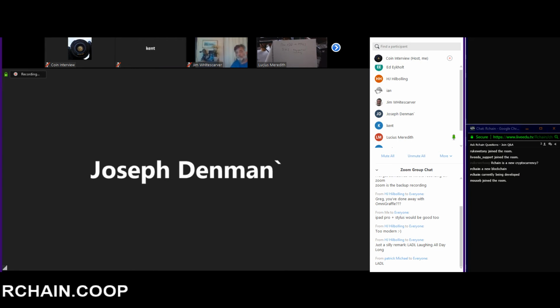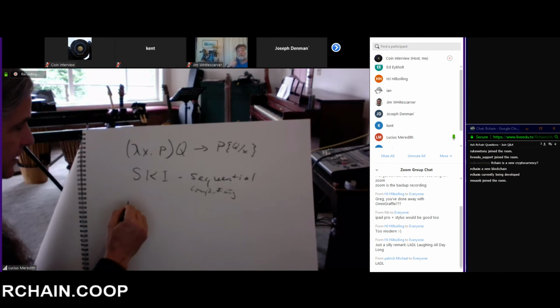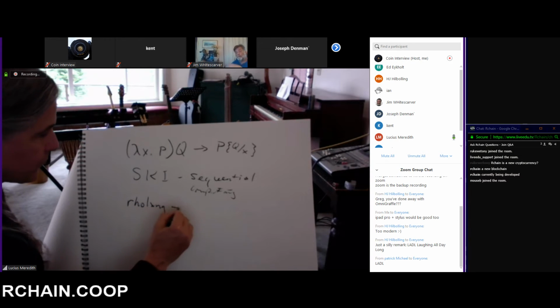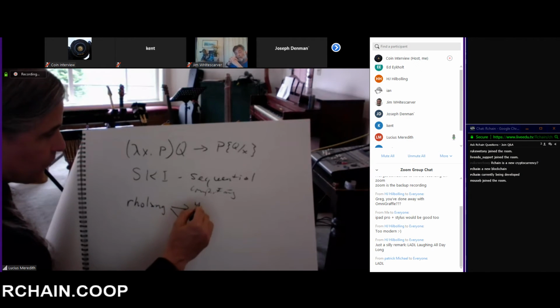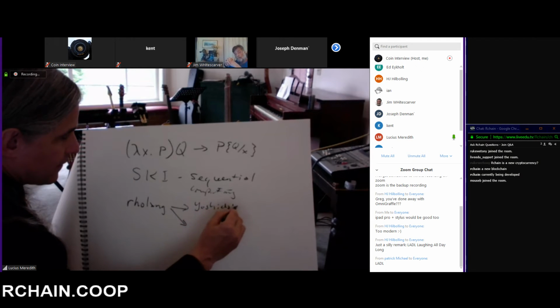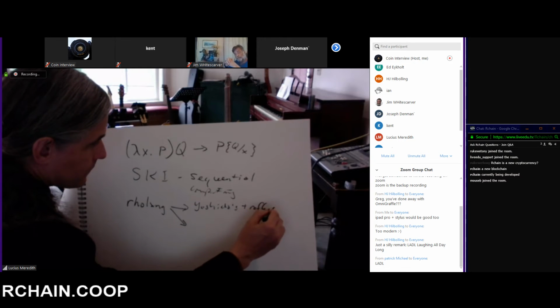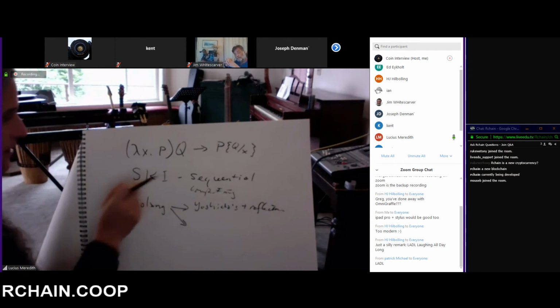So Mike and I, this week, published two papers which get rid of all the variables. Basically, you can go from Rholang to an algebra with no variables. We've given two algebras. We've taken Yoshida's combinators for pi and added reflection, and this gives you something like SKI.